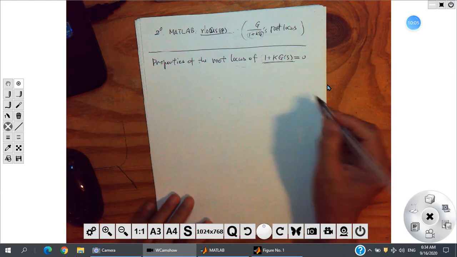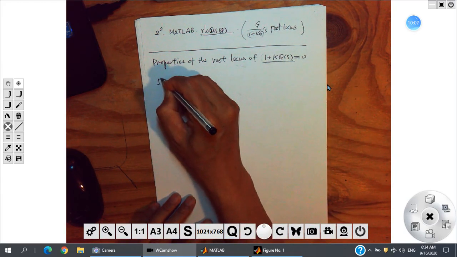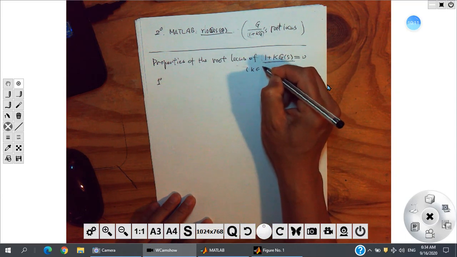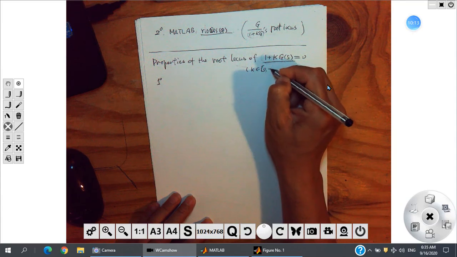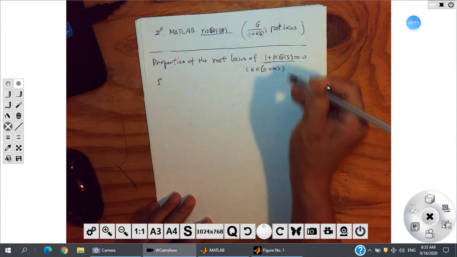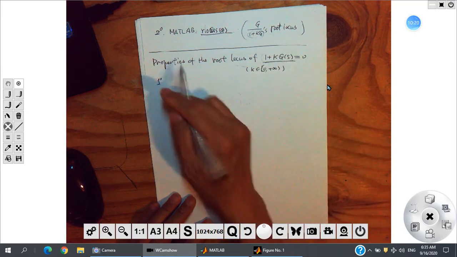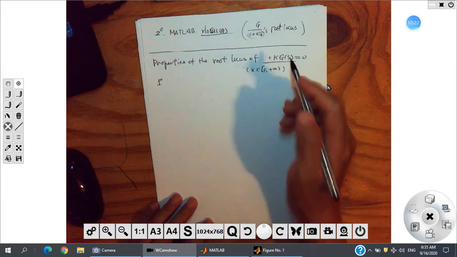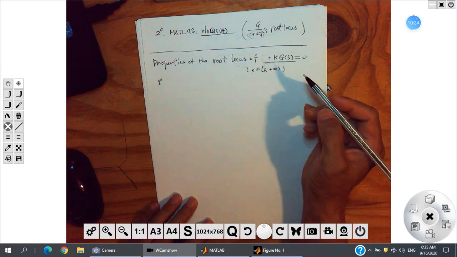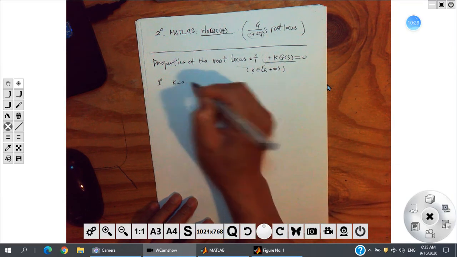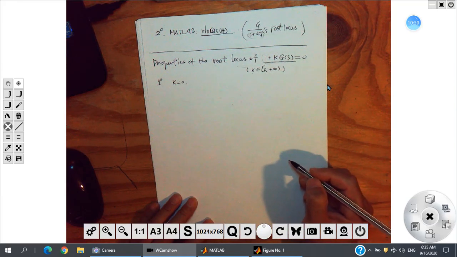For the first case, we suppose k runs from 0 to positive infinity. We do some restriction here. Actually, you can use any k, but here I start by considering k on the positive side. Then K equals 0, what happens?